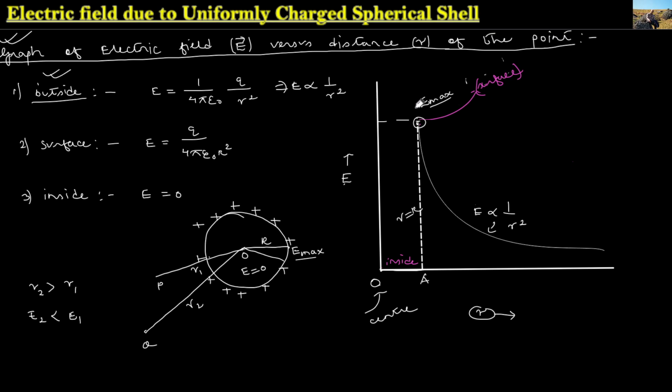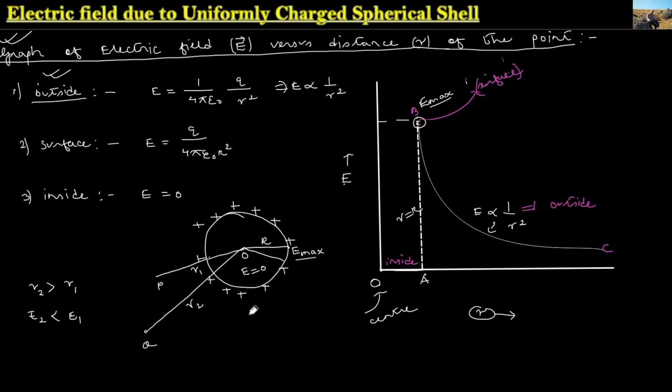Suppose this is point B, and point B is on the surface. Then this curve BC will represent the electric field outside the surface, and it is decreasing as the inverse of the square of the distance.